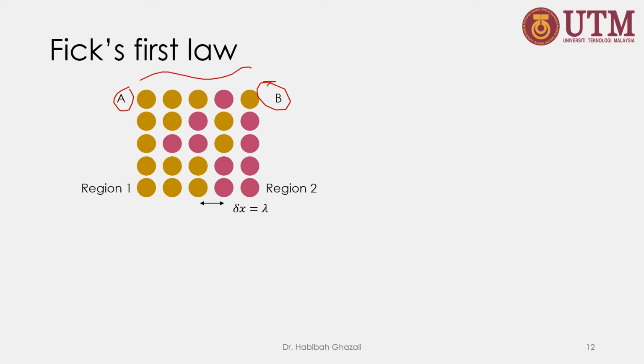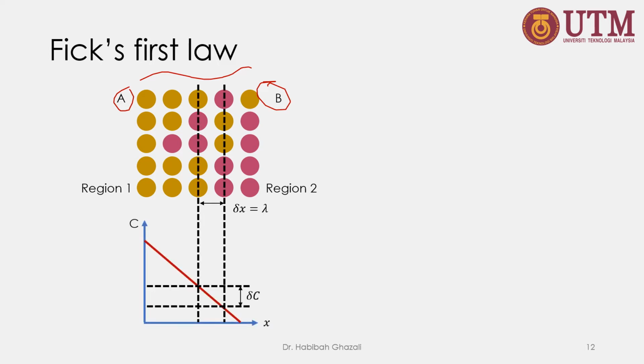So in this case, there will be a concentration gradient across the crystal, which will act as a driving force for the diffusion of impurity atoms from the area of high concentration to the area of low concentration.